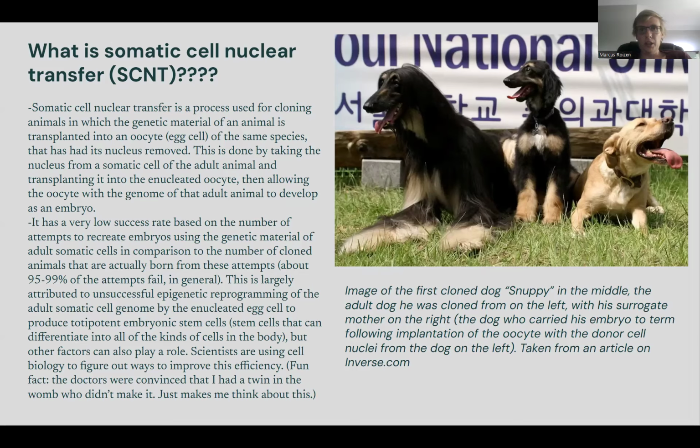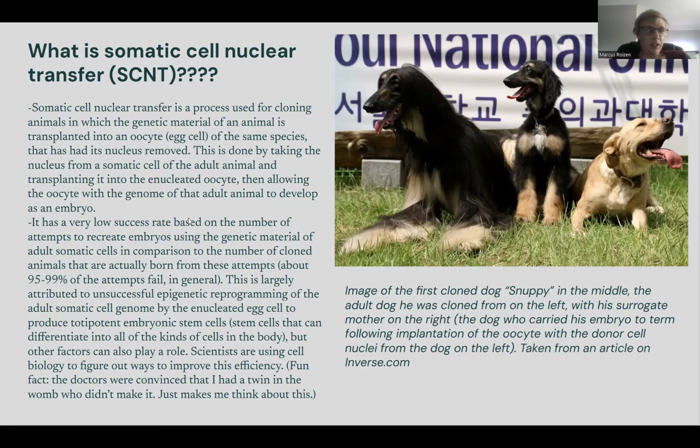The adult cell nucleus from this dog here was implanted into the egg cell, which was put in the uterus of this dog, and out came Snuppy here. As the cell nuclei of the adult somatic cell contains the genetic material that is the same as this dog, it developed into this one.